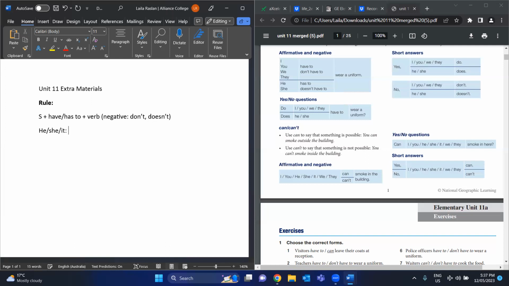The rule for that is has to, verb, and the negative is doesn't have to, verb. So it's only he, she, it. Just be careful. They have to, but the negative, doesn't have to, verb.